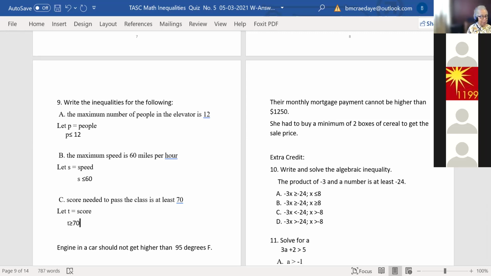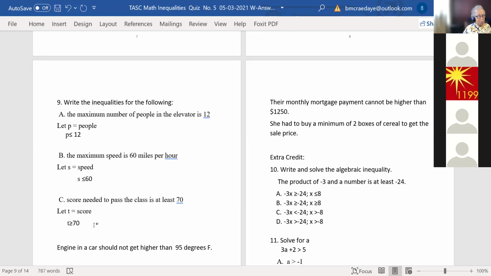You cannot pass if you make under 70. So T, the score, must be greater than or equal to 70. Maureen, do you understand now how you translate these words to an inequality?